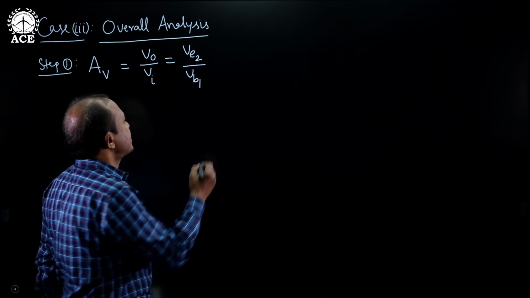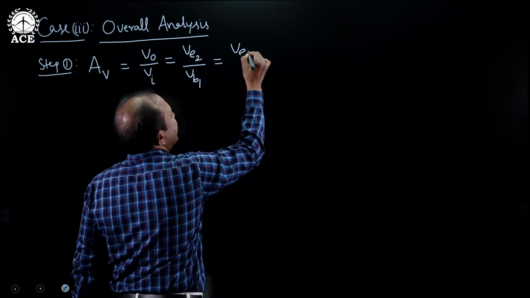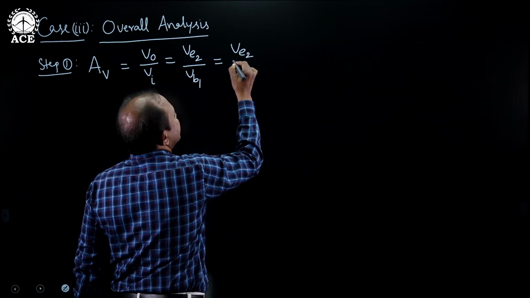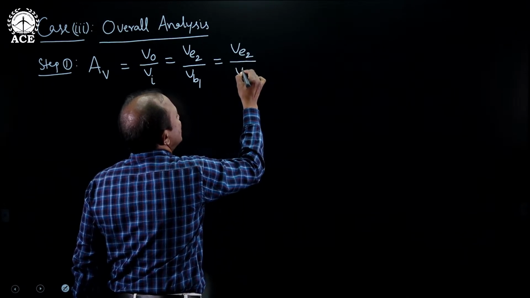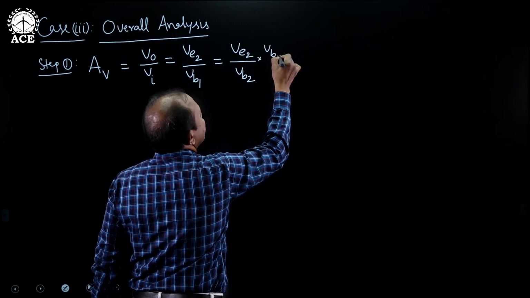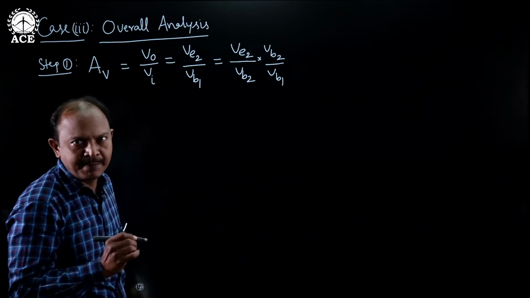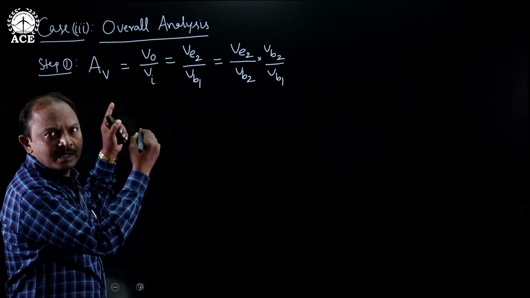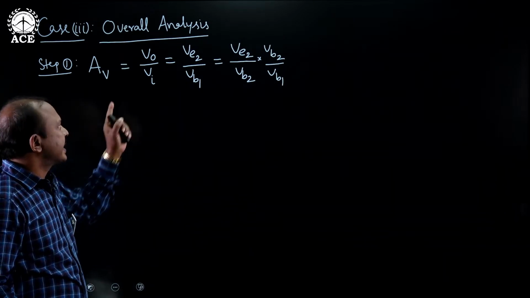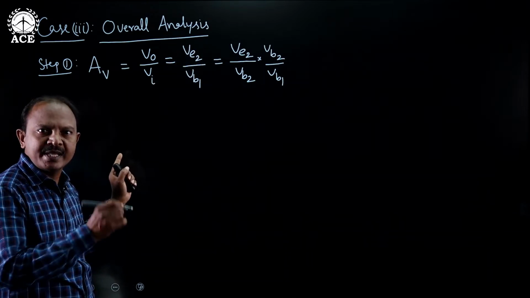That's why what I do is, I will do a simple modification. I will divide and multiply the equation with VE2 by VB2 into VB2 by VB1. I repeat, in the Darlington pair amplifier, second stage output voltage is VE2, first stage input voltage is VB1.